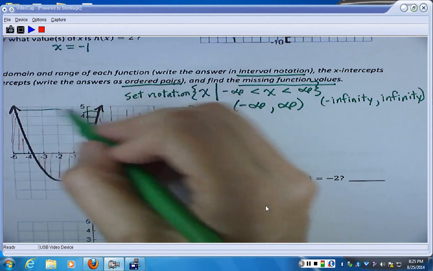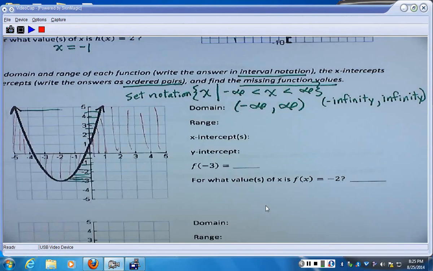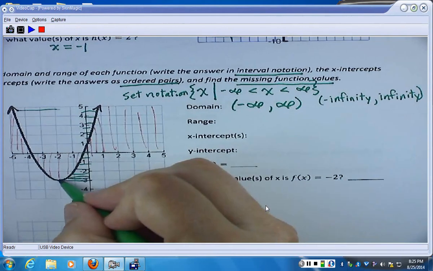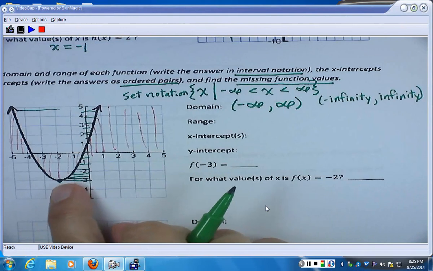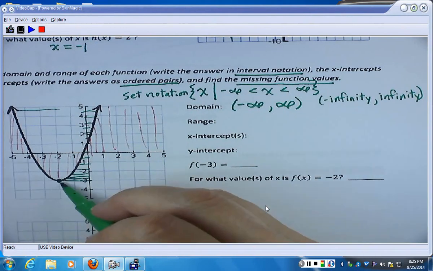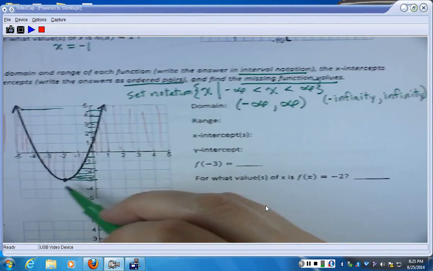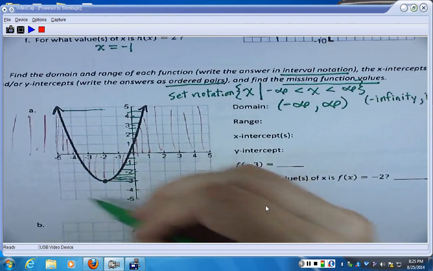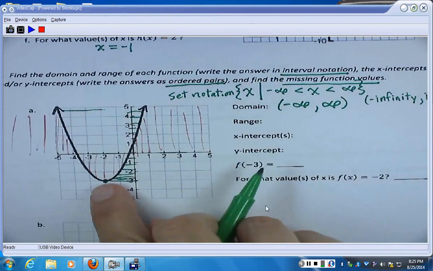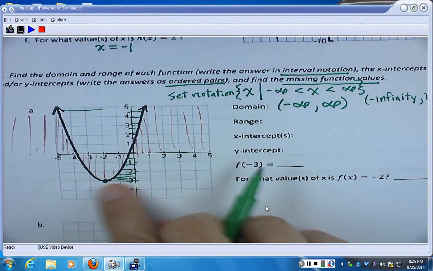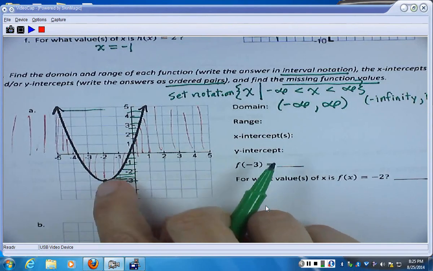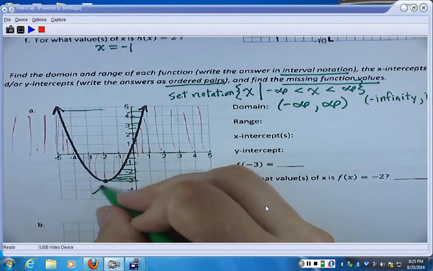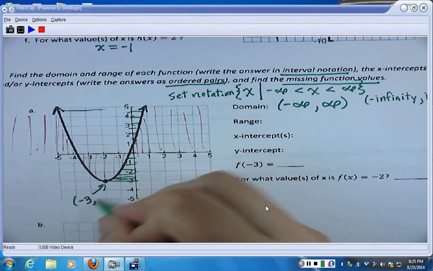You can project it here too if you want, but can you see that this is a parabola, and if the vertex looks like it's right at a point, then it is. The vertex is minus 3, negative 2.